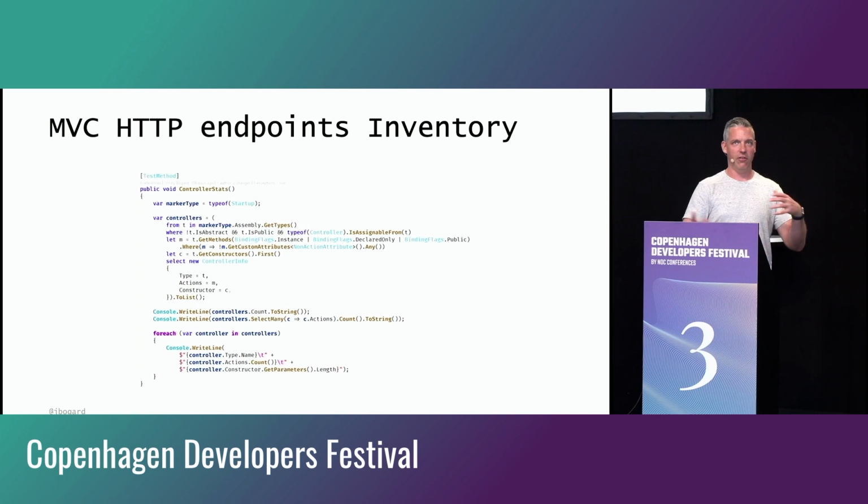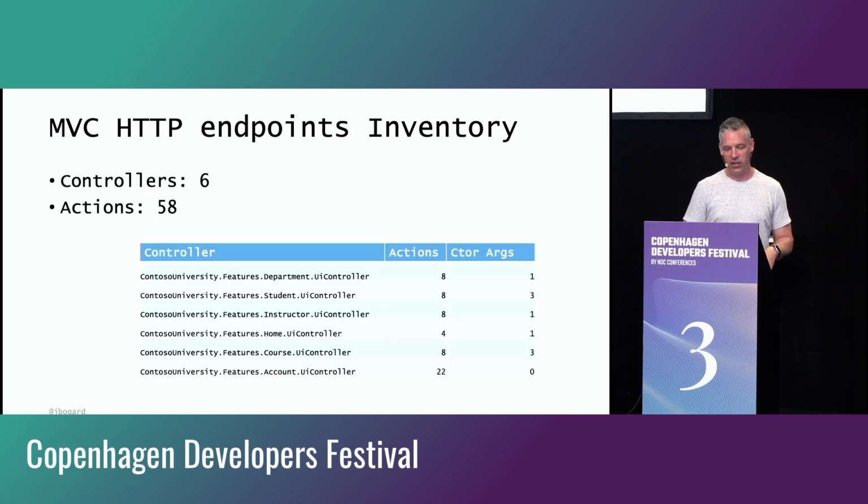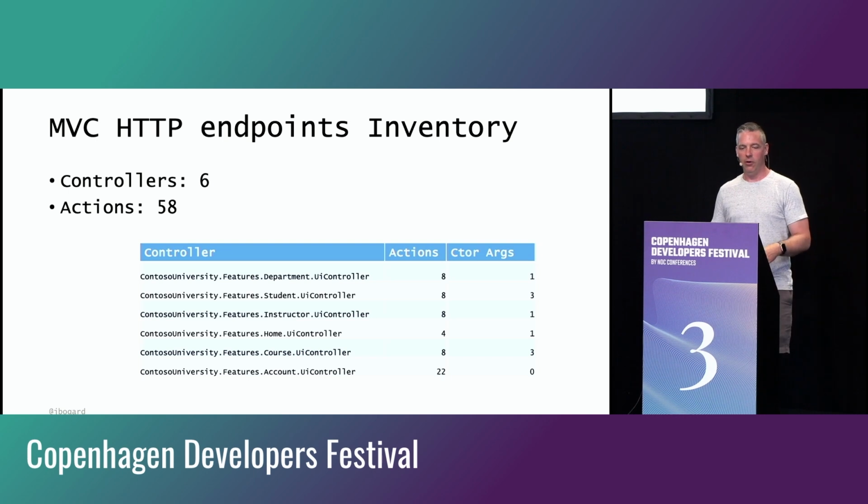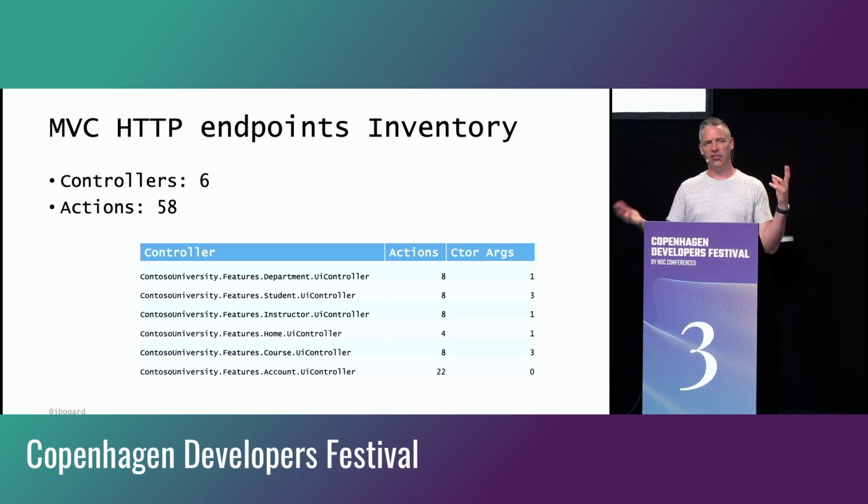You actually have to kind of reverse engineer, well, what are all the controllers, the actions, the APIs, the ASPX pages? You have to kind of go figure that out for yourself. So we just wrote a bit of code that eventually, and this is for a sample application, would spit out here's all the controllers, and then here's some more interesting information about each of those controllers.